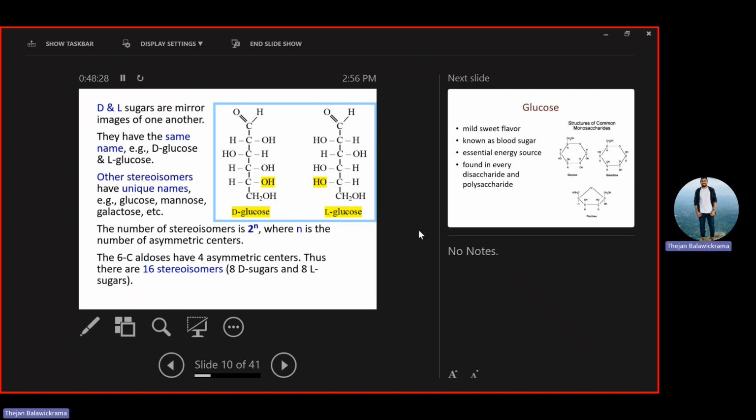No, right? Because the qualification for a carbon atom in a molecule to be a chiral carbon atom is that it has to have 4 different groups around it. Around this one there are 4 different groups. Around this one also, 4 different: OH, H, this part, and this different part. So this is a chiral carbon. This one, same way, a chiral carbon. This one, same way, a chiral carbon.